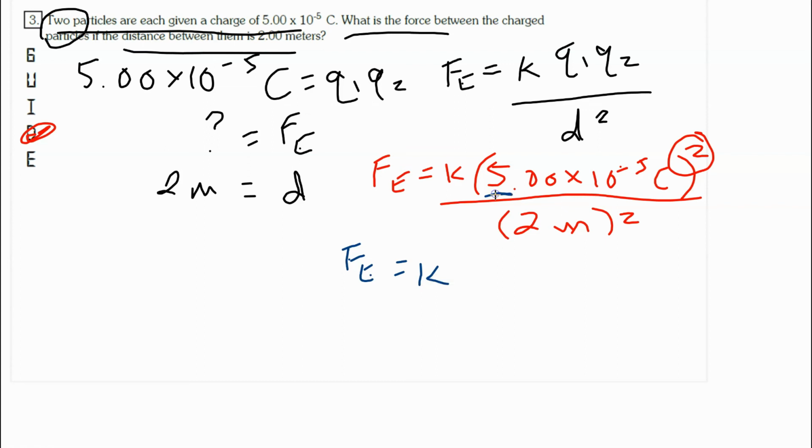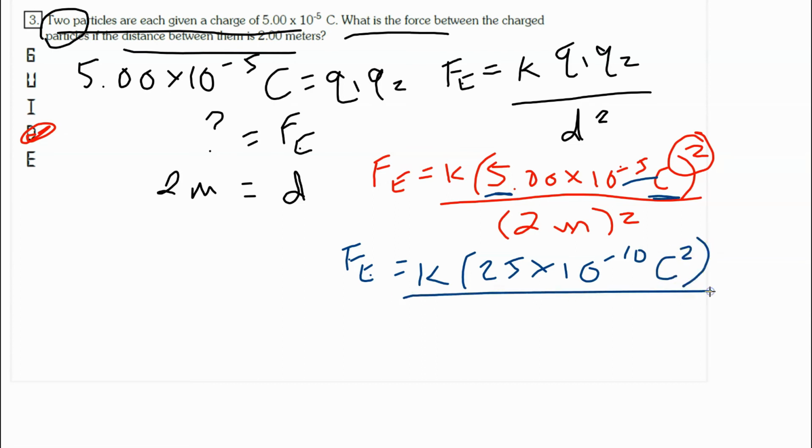All right, so 5 squared is 25 times 10 to the, well, when I square exponents, this is from your Know Your Notation page at the end of the study guide, we're going to add those. So a negative 5 plus a negative 5 is negative 10. And the unit of coulombs will be squared as well. This is going to be divided by the 2 meters squared. 2 times 2 is 4. Meter times a meter is meters squared.